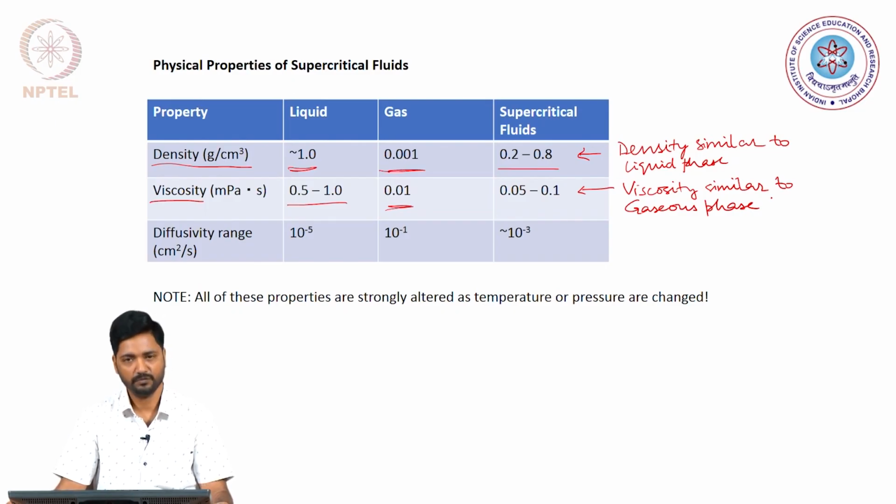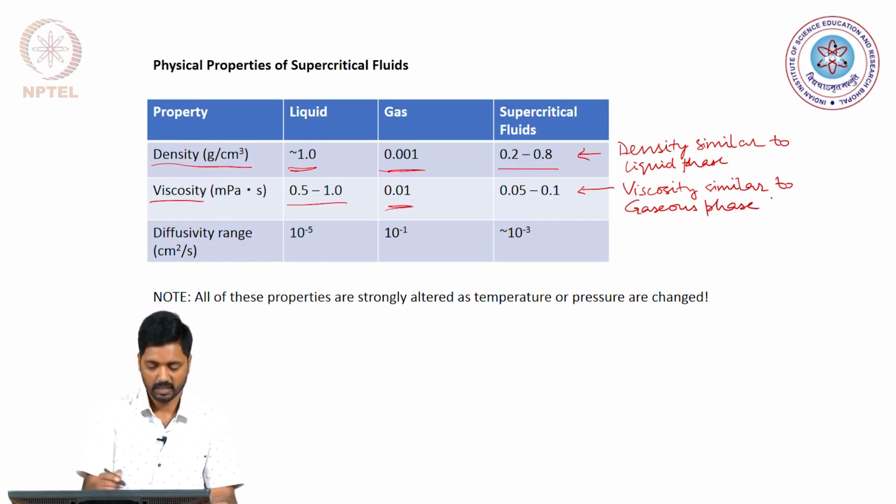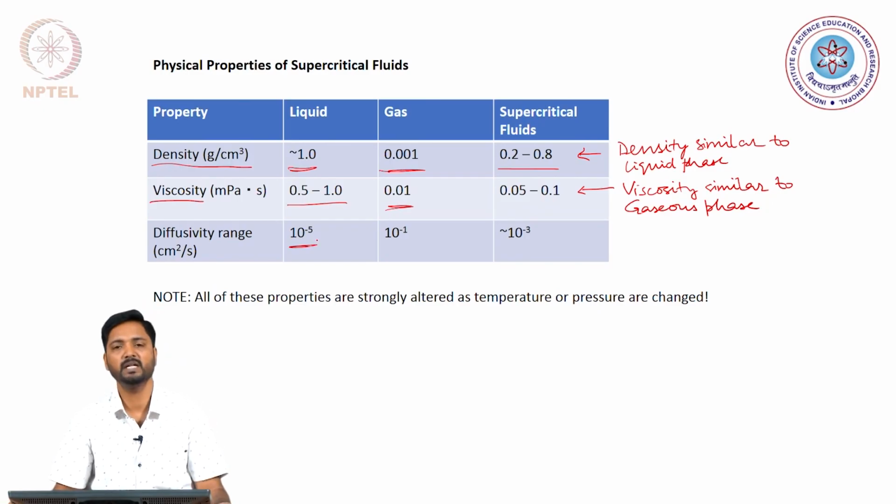And finally, if we talk about the diffusivity range or the diffusion coefficient of materials in their 3 different states. In the liquid state, the diffusivity is quite less, that is again because the material is quite dense and the molecules are having interactions with each other.